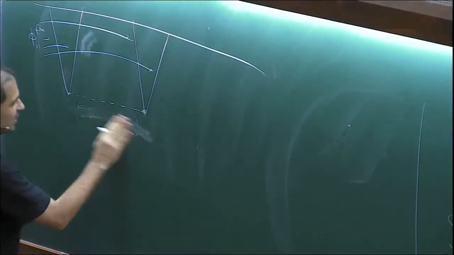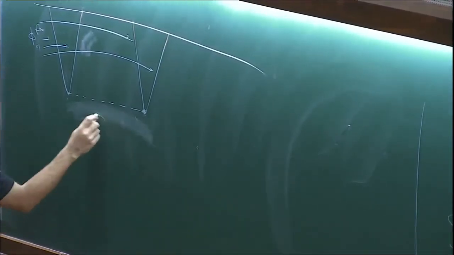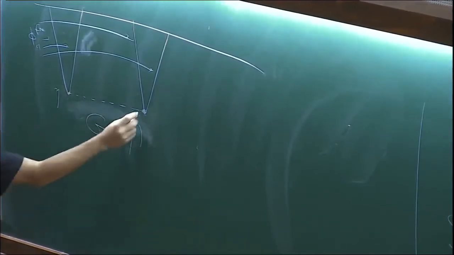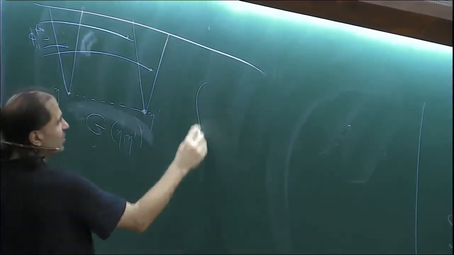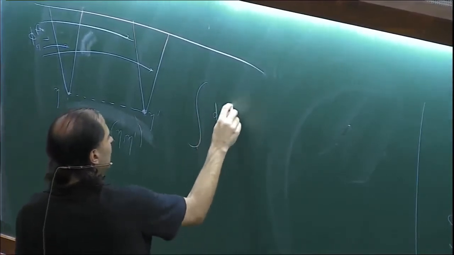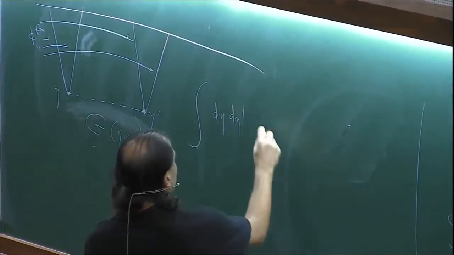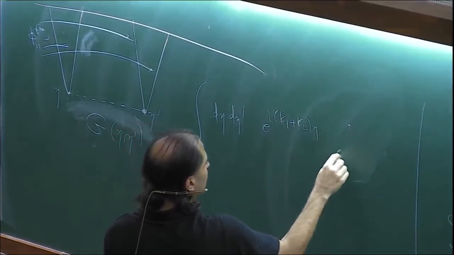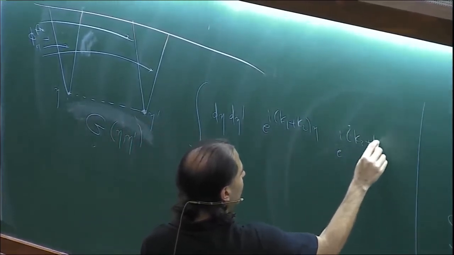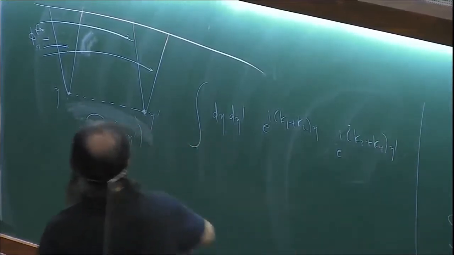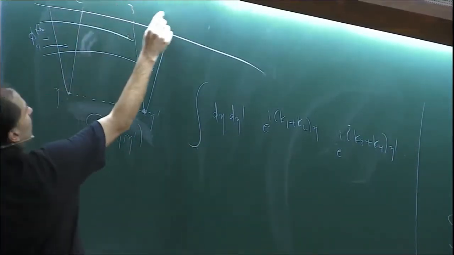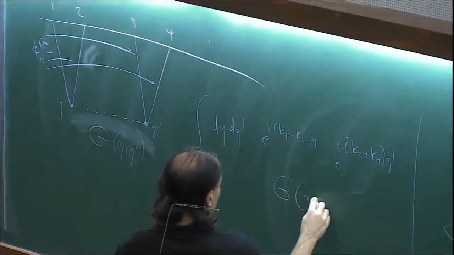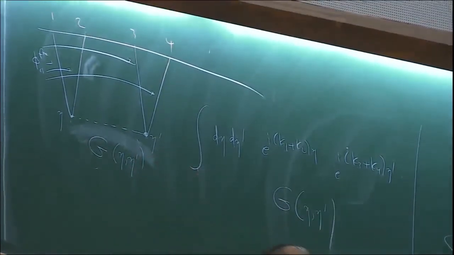So there'd be some eta and eta prime, and so we'd have integral d eta d eta prime e to the I k1 plus k2 eta e to the I k3 plus k4 eta prime, and then a single factor g of eta and eta prime.